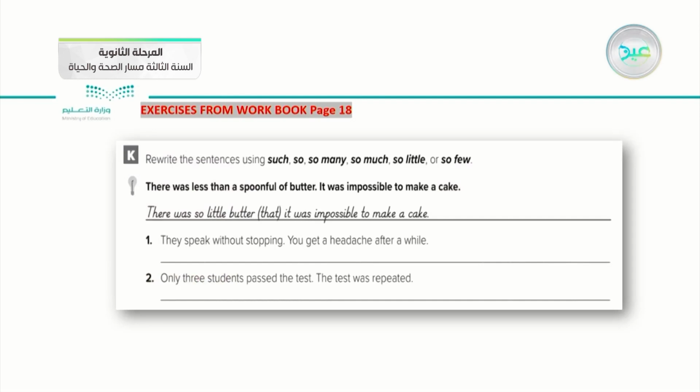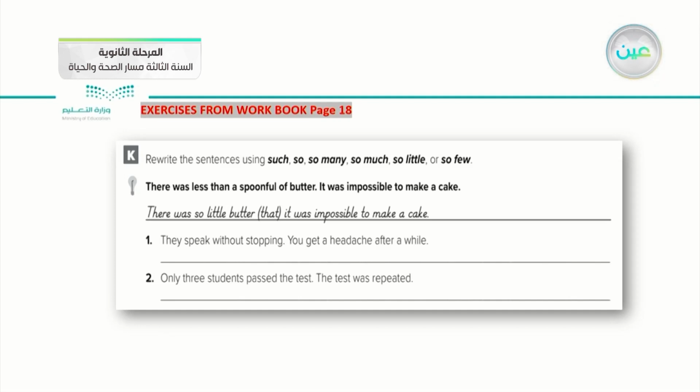Okay, according to the previous grammar, we can apply this exercise from your workbook on page 18. Let us discuss this exercise together. Rewrite the sentence using such, so, so many, so much, so little, or so few. There was less than a spoonful of butter.